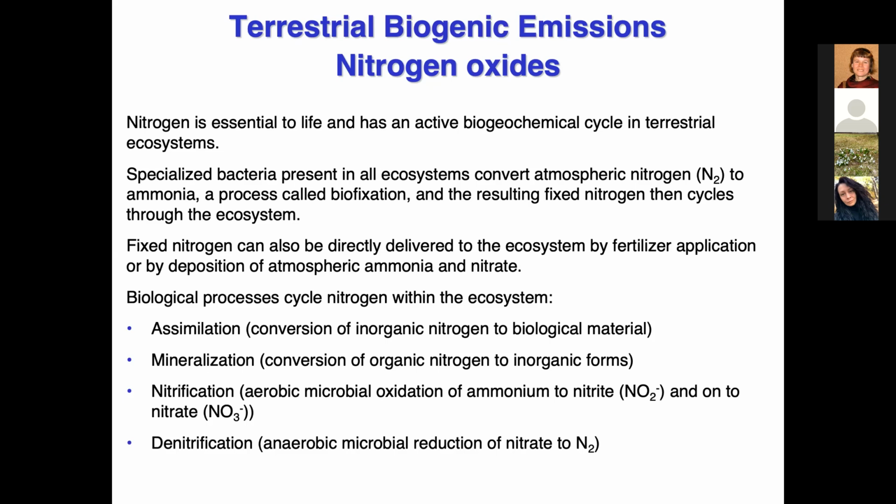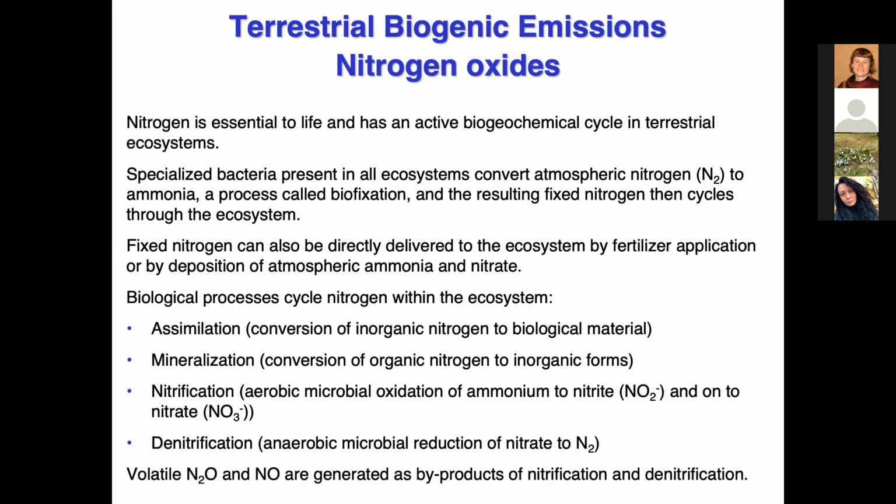Denitrification, anaerobic microbial reduction of nitrate to N2. Volatile N2O is very important because it is an important greenhouse gas with a very long lifetime in the atmosphere, so it goes up to the stratosphere and has some impact on ozone depletion. NO is generated as a byproduct of nitrification and denitrification.